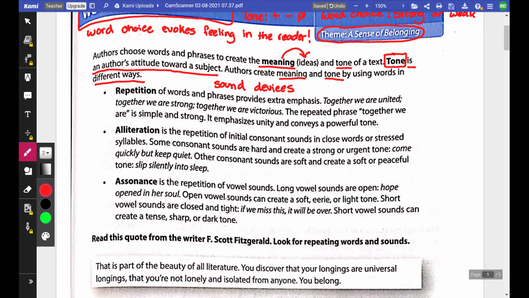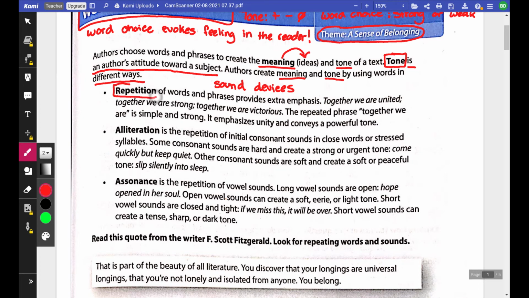Well, that's not the case. Sound devices can be used really in any type of literature. We're going to be looking at a few examples in this lesson, and none of them are going to be poetry. So, sound devices can be used in other types of texts beside poetry. So, don't forget that.